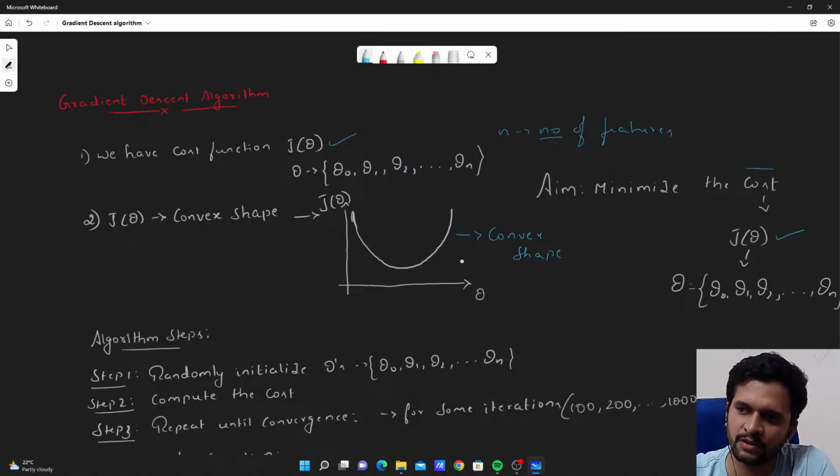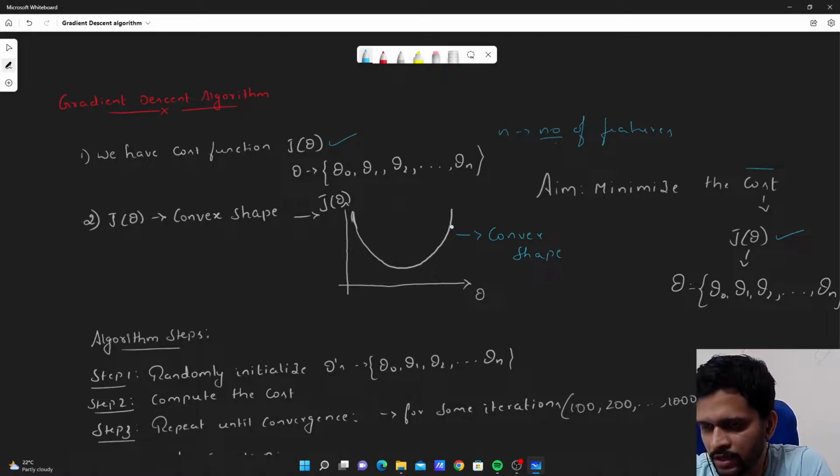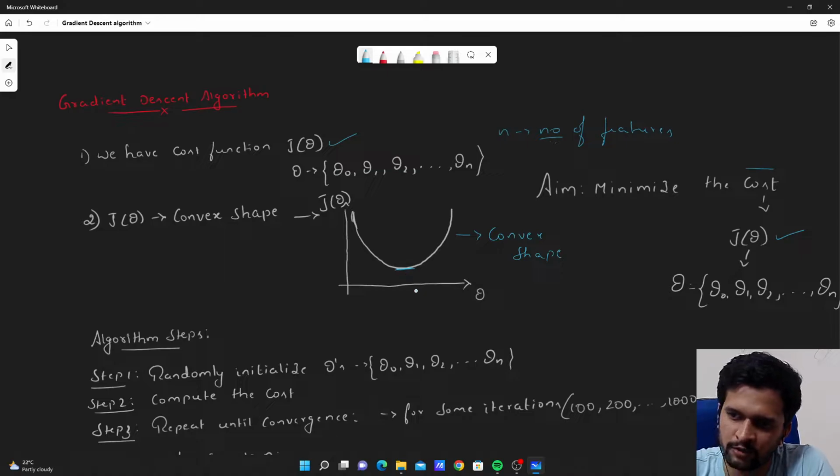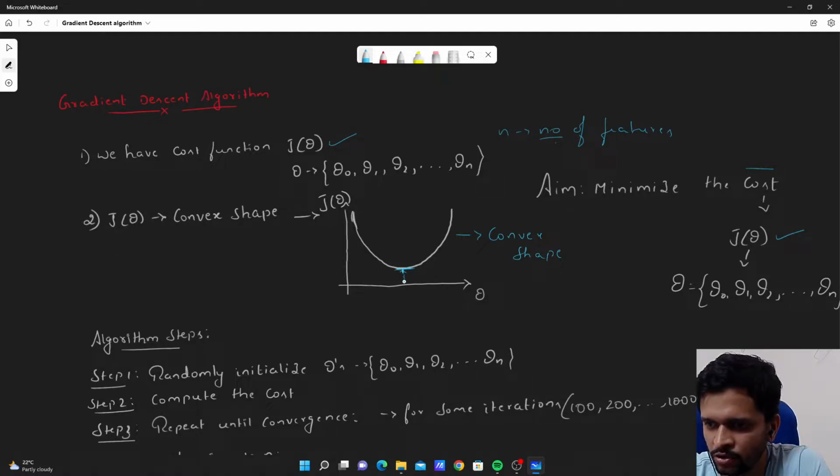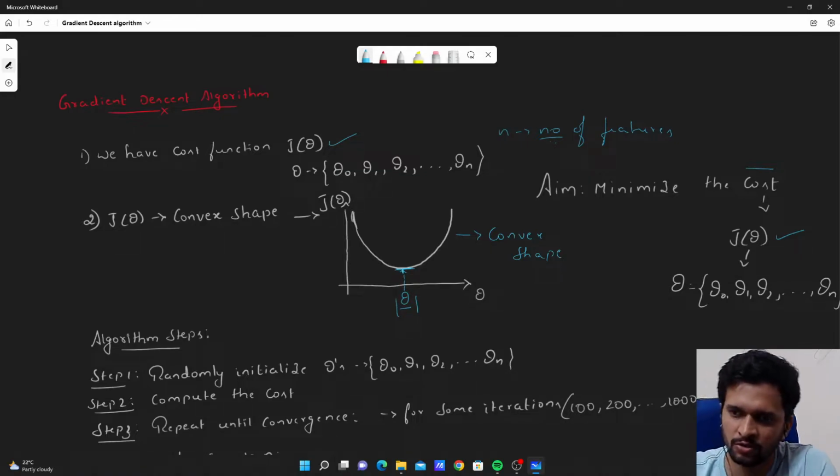If you visualize this cost function in this graph, the minimum point where the cost function has its minimum value will be at this particular point, right? So this is the value of theta wherein we have our cost function with minimum cost.